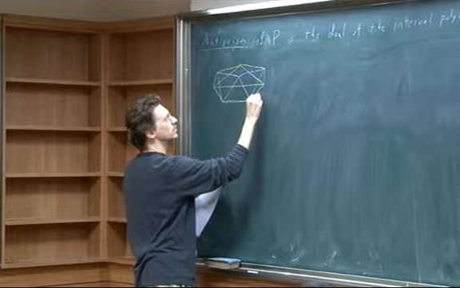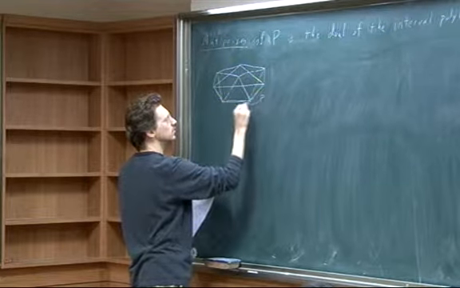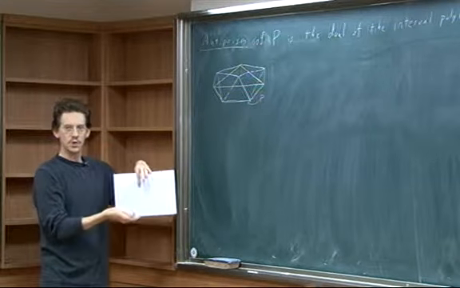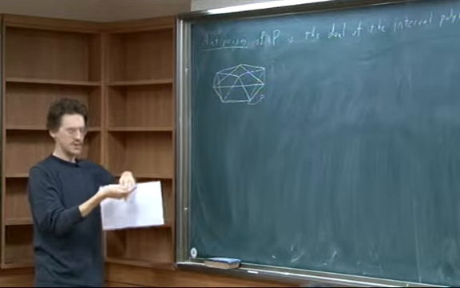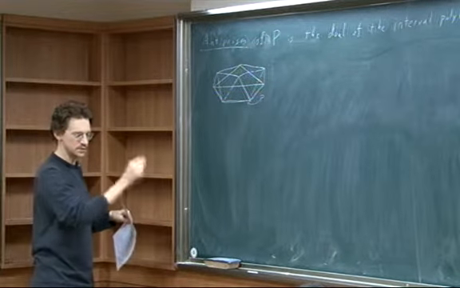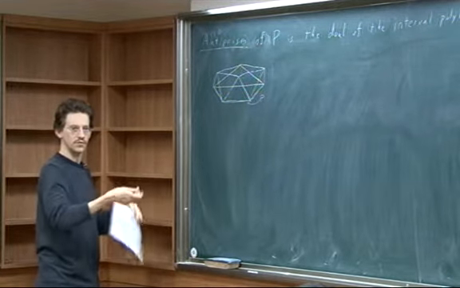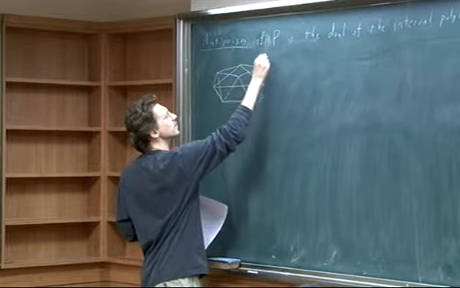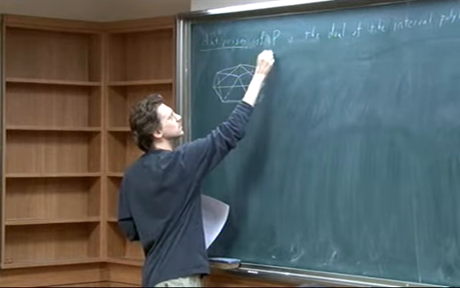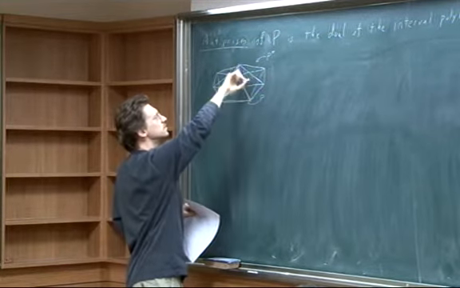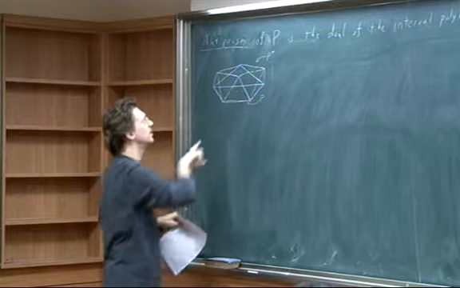You can think of a prism as having two bases. One is the original polytope. This one has 2 faces, and this is how we usually denote the dual. One is the dual of the other.